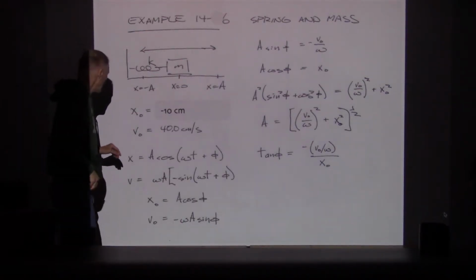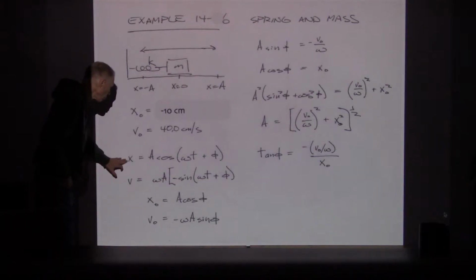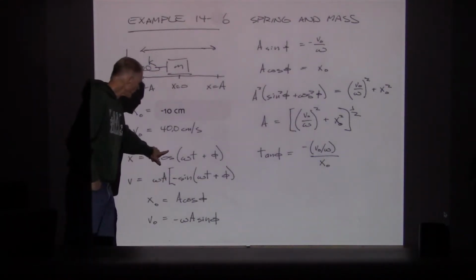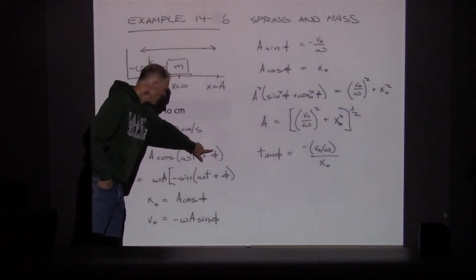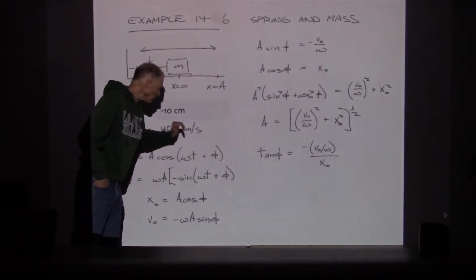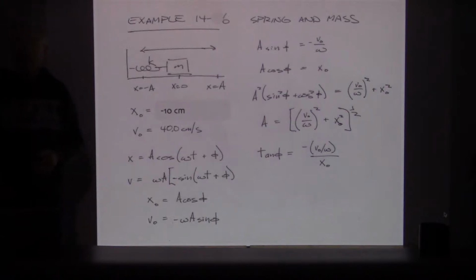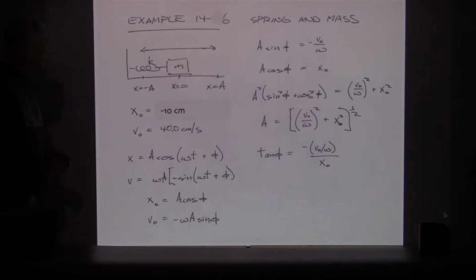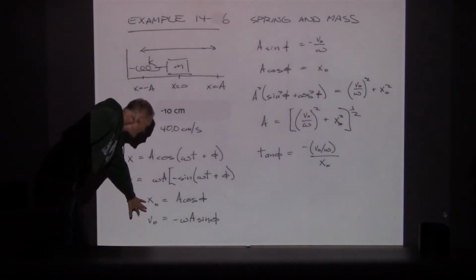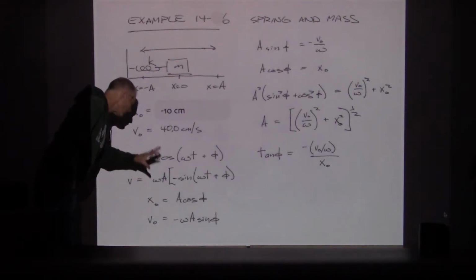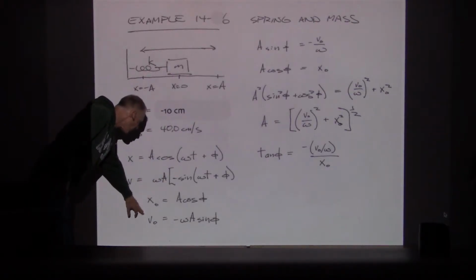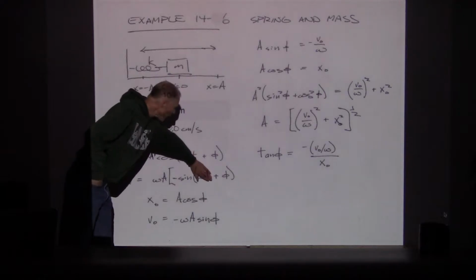Either way, these could be written more generally in terms of a cosine function with a phase constant, or an additional phase angle, where phase is telling us where we're located in the cycle. So at t equals 0, and again, you've got to write that in too, the omega t drops out.